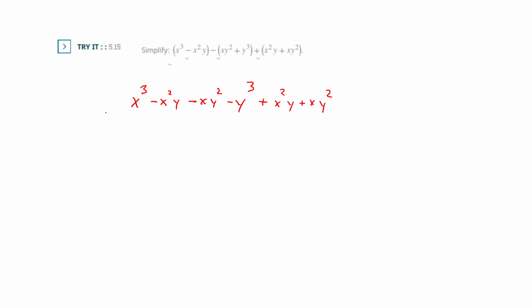Okay, now let's go through and see matches. This and this are the same team. That's exactly the same word. This one in here is not the same. So one was minus and one was plus. They're gone. This is exactly the same word with that. One's a minus, one's a plus. They're gone. And I'm left with x to the third minus y to the third.